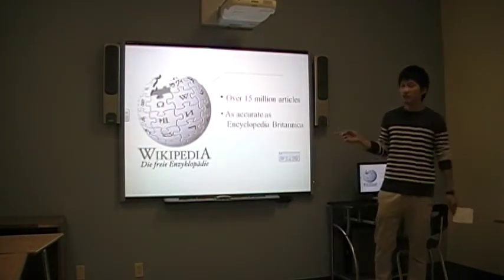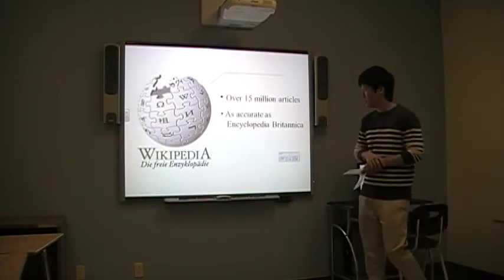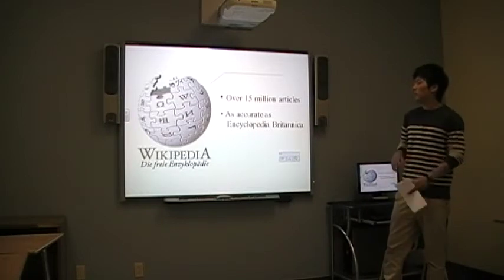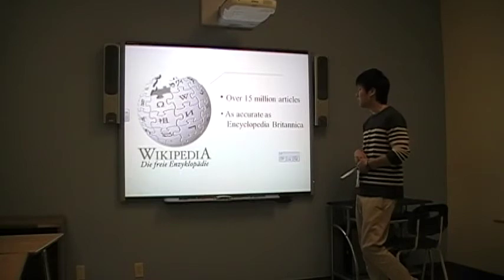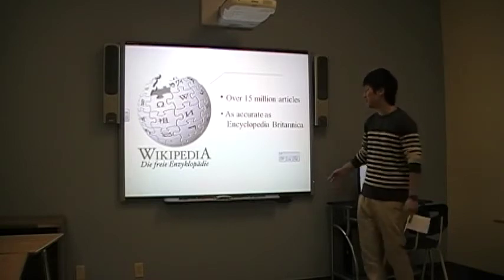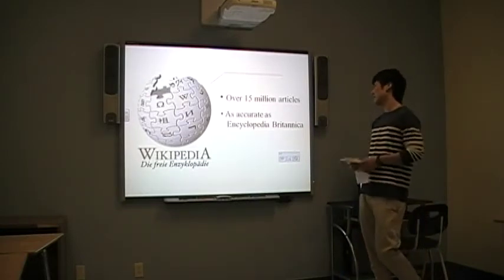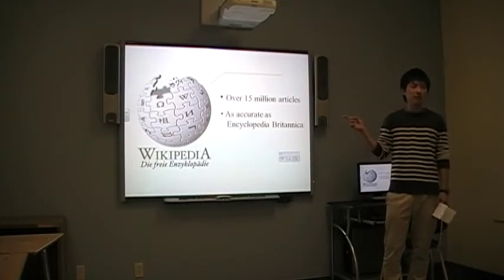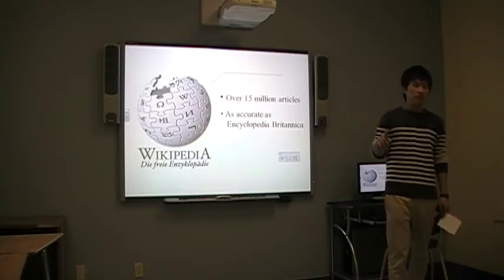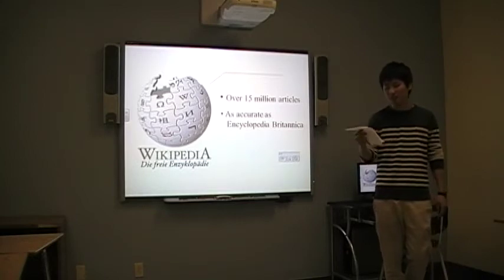How about this website? It has over 15 million articles. A study said it is as accurate as Encyclopedia Britannica. It is very famous. But this website is blocked because it has a lot of articles that contain hazardous information.